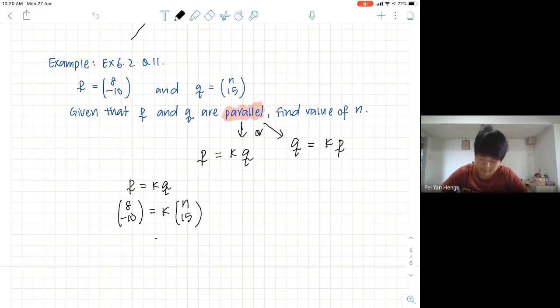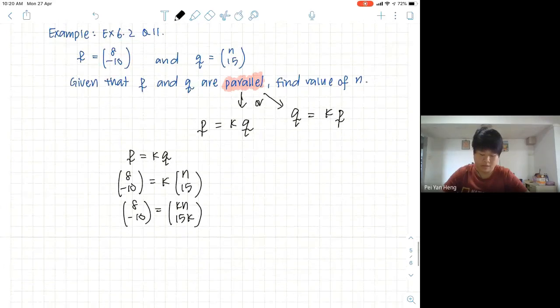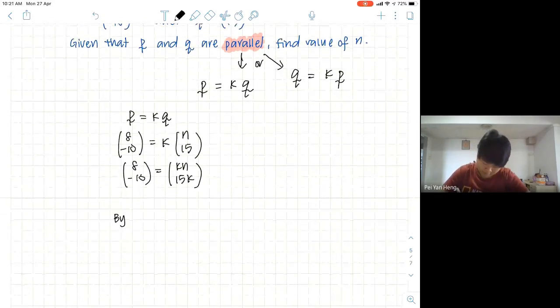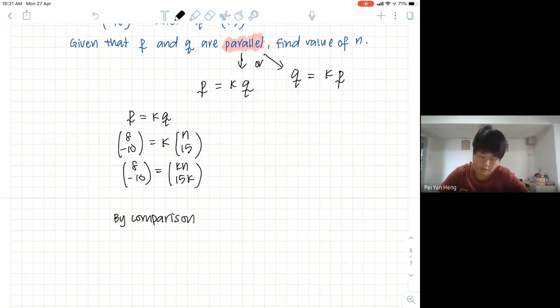So what we have here is (Kn, 15K) equals (8, negative 10). When you compare, which one can we compare first? We can compare the one at the bottom because it will tell us the K value.